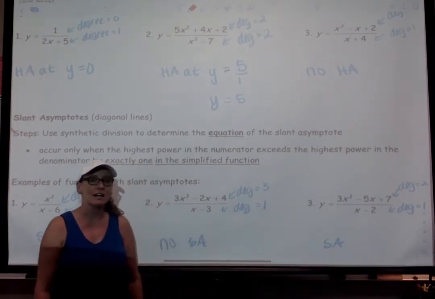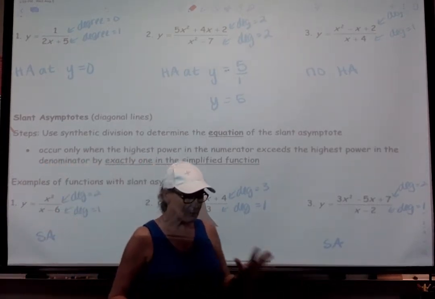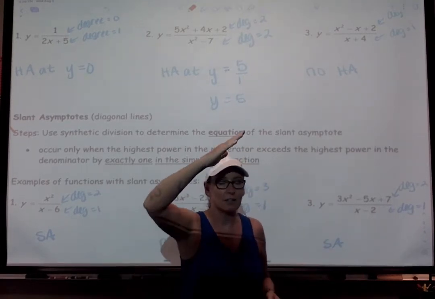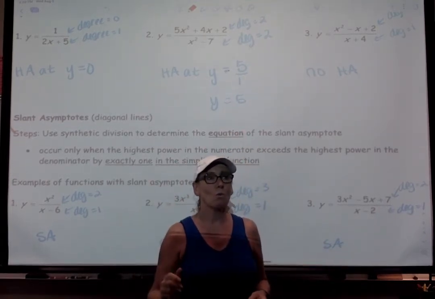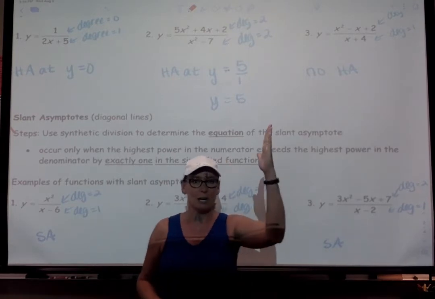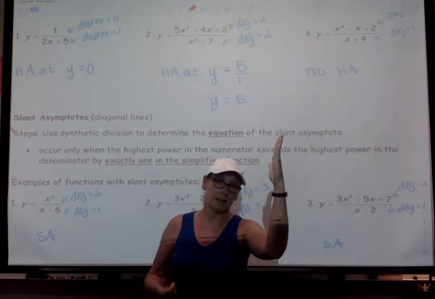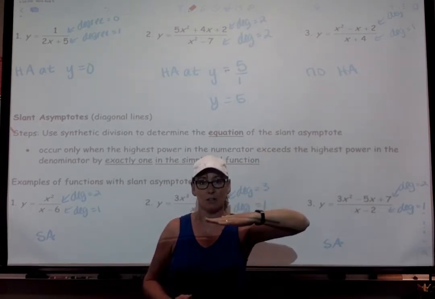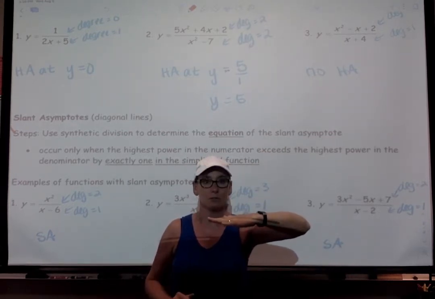Now, here's how to find it. Think about this. A slant asymptote is just a slanted line. You all know what equations of vertical lines look like, x equals. You know what equations of horizontal lines look like, y equals.